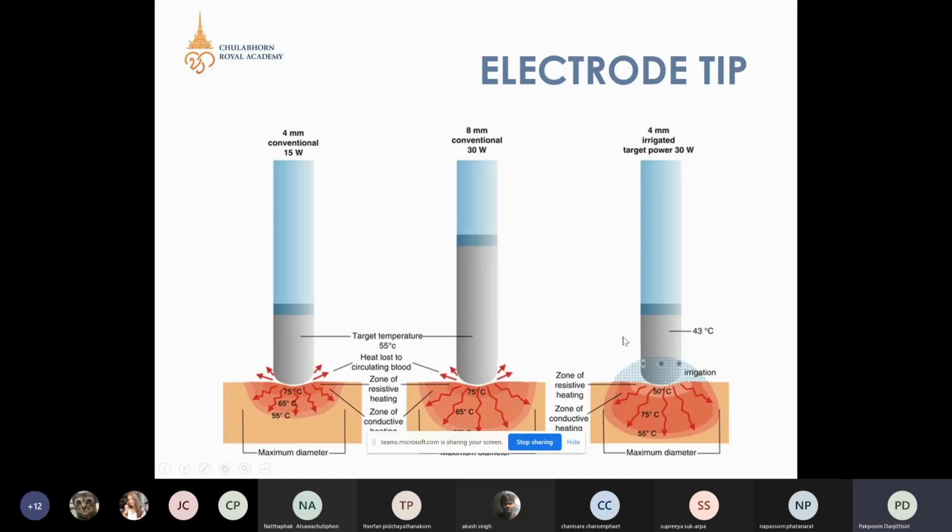But if the doctor uses a 4 millimeter irrigated tip, the saline in the catheter helps to maintain and shape the lesion like this, to make the lesion deeper but not wider.